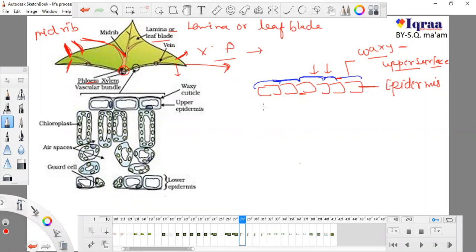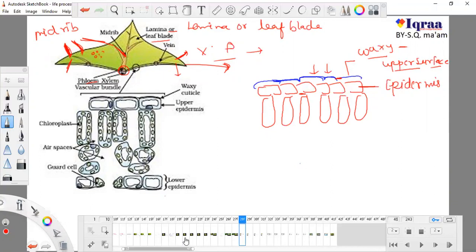Underneath this, there are some cells. This is the outermost cell, and it also has epidermis.